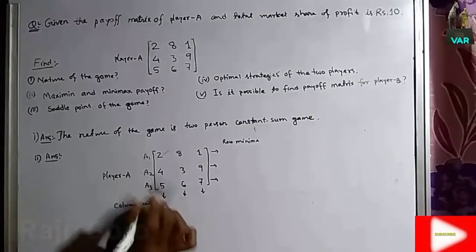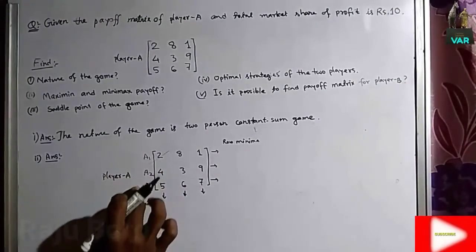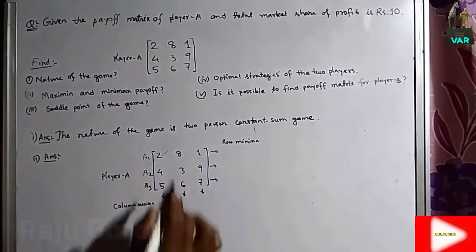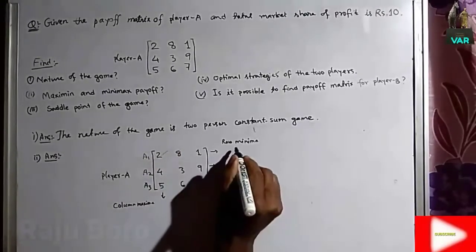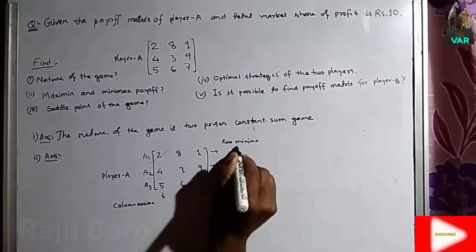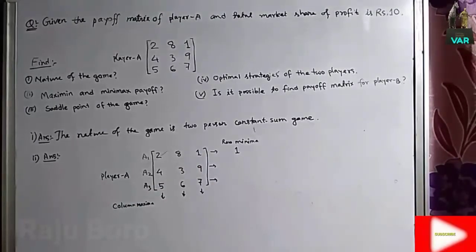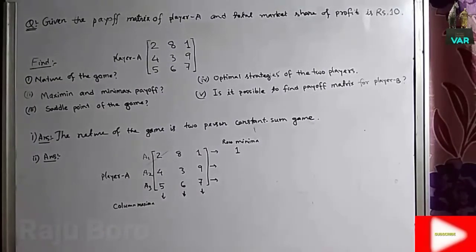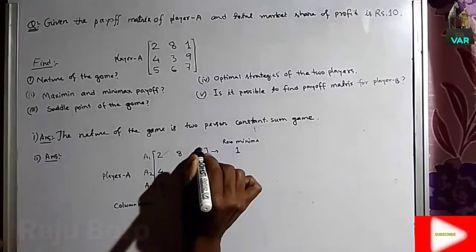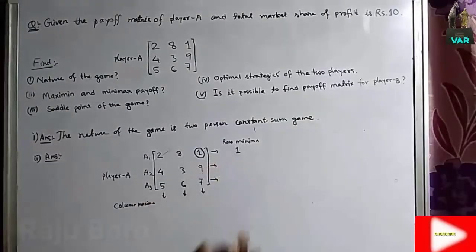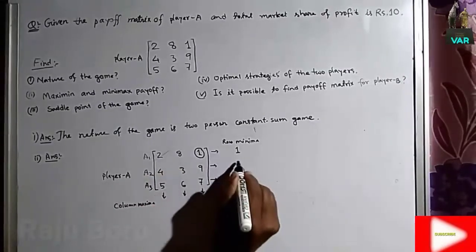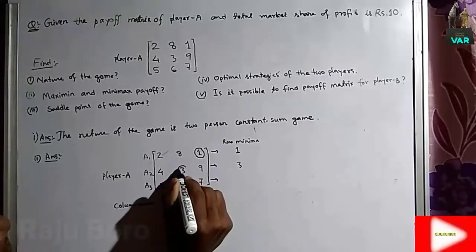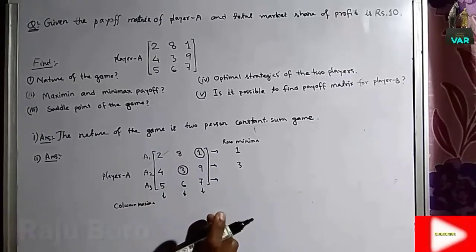These are the three strategies for player A. For the A1 strategy the minimum payoff is 1. The minimum payoff is marked with a circle. Now for the A2 strategy, the minimum payoff is 3, so mark it with a circle.